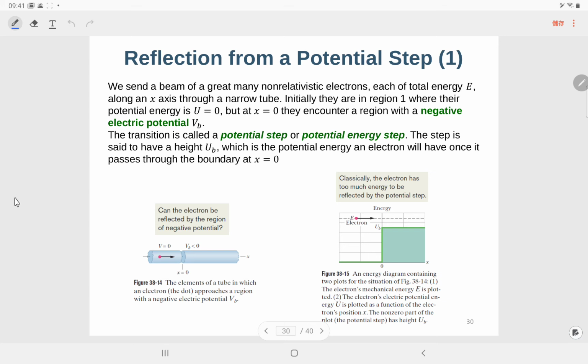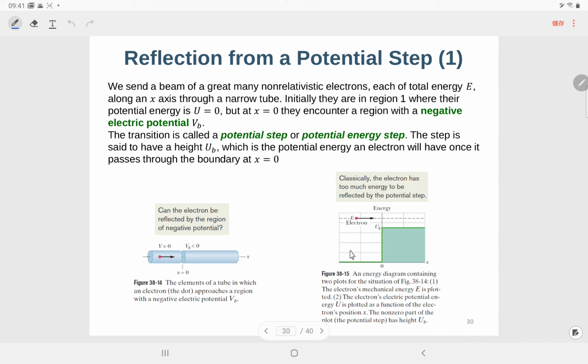So we send a beam of a great many non-relativistic electrons, 就是没有考虑相对论效应，然后我们考虑很多的电子, each of total energy E, along an x-axis through a narrow tube, 就是一个很细的管. So initially they are in region 1, where their potential energy is U equals 0.